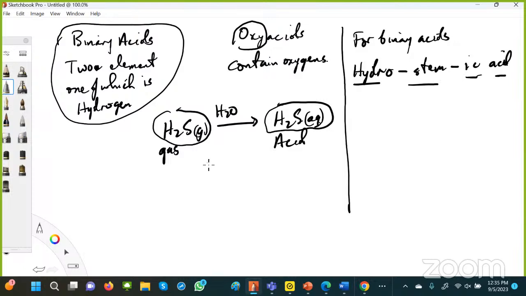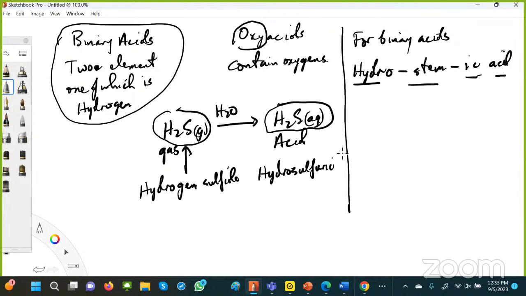That's generally how we name binary acids. So in this case, going back to the H2S example, the name of this compound, before we add it to water, we call hydrogen sulfide, according to the rules that we learned previously. But when we add it to water, the resulting solution now becomes hydrosulfuric acid.